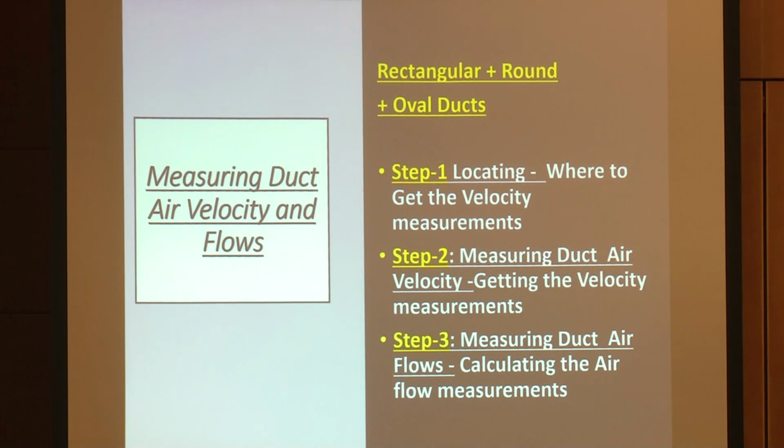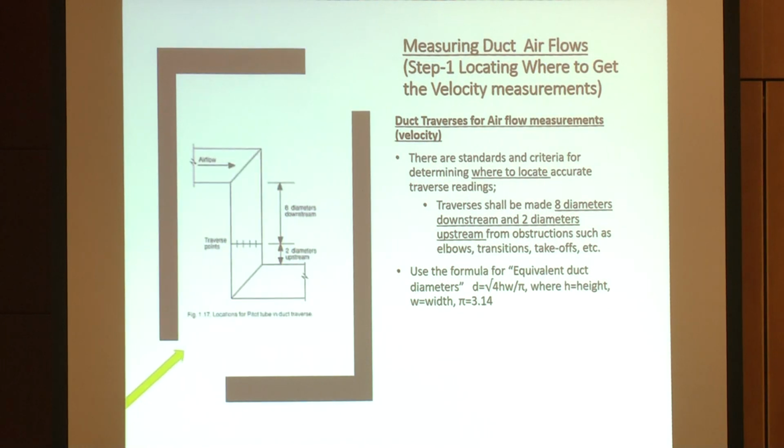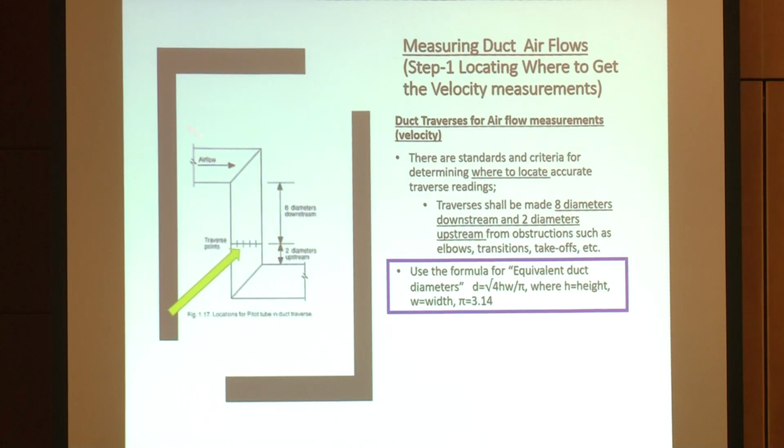Okay, here we go. So here's our step. Number one, you've got to locate where you're going to take a measurement. Then you've got to measure it. And then you've got to calculate it. And that's what we do. So let's get started. If we had a duct, like in this example, we need to find out where we're going to take those measurements.